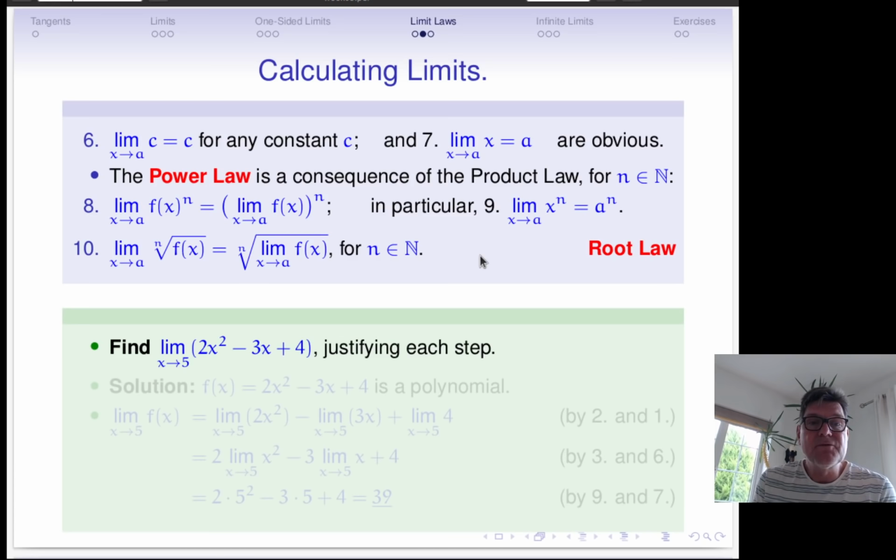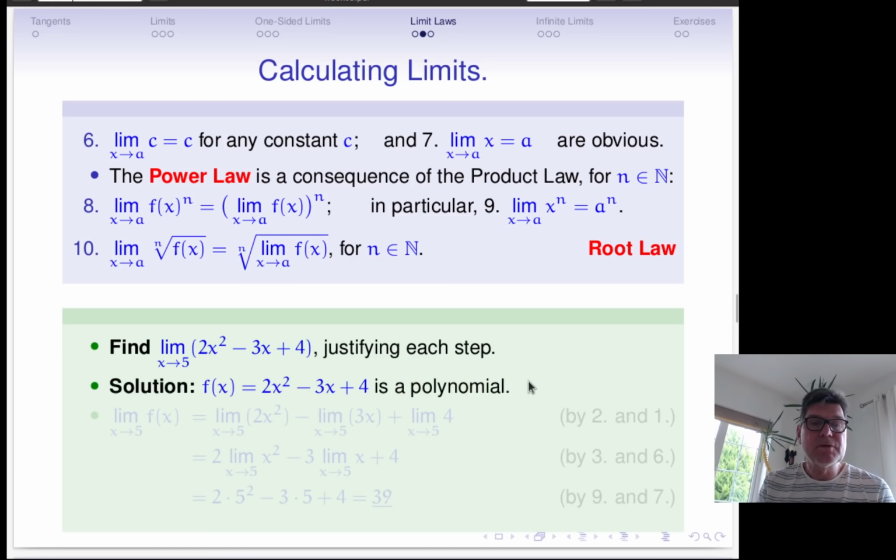We'll justify each step that is taken here in what follows, and what we'll see is a typical procedure that we'll apply frequently as we go along, where we take this complex expression that is a polynomial, and we decompose it into simpler parts.